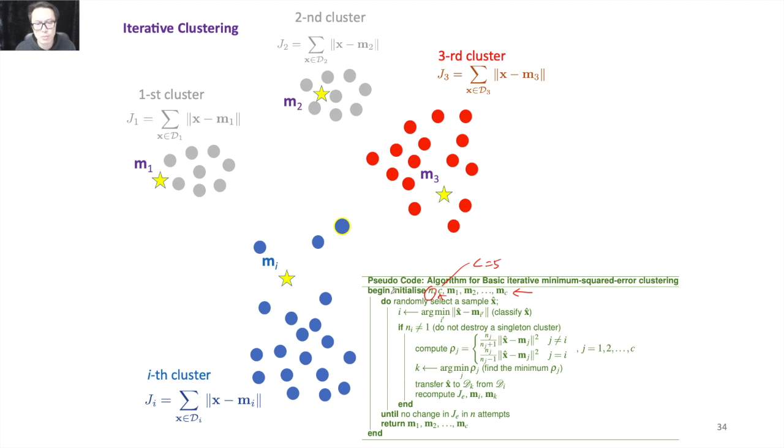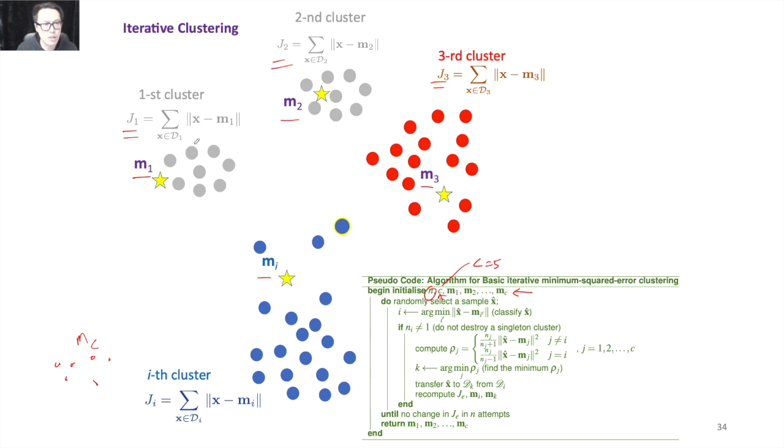In this slide, I just say we have many clusters, M1, M2, M3, Mi, up to Mc. I do not draw the samples right here, but anyway, we have c groups. Corresponding to each group, we are able to compute J1, J2, J3, and so on.